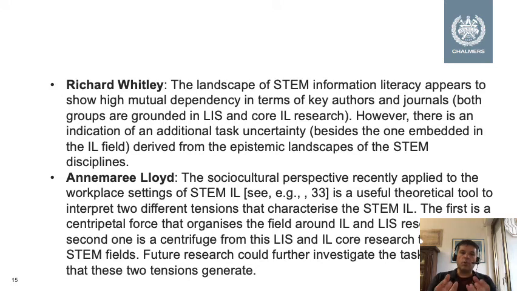And fields where there is high mutual dependency are fields where we see this agreement among scholars. If we think about mutual dependency, we can say that information literacy appears to have a quite high degree of mutual dependency. But the other category that Whitley uses is task uncertainty.